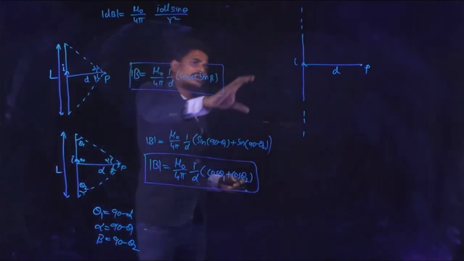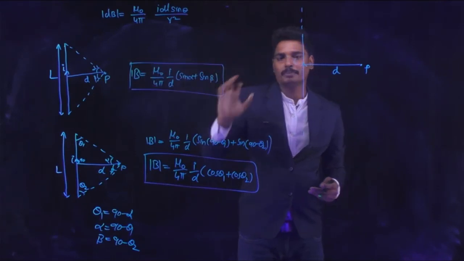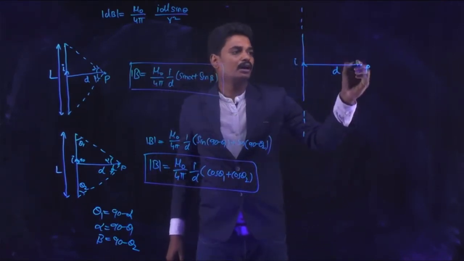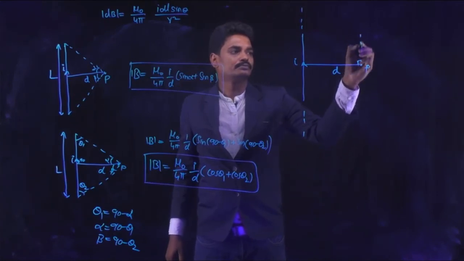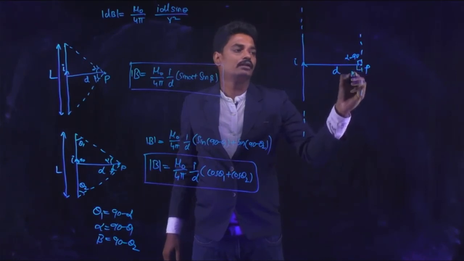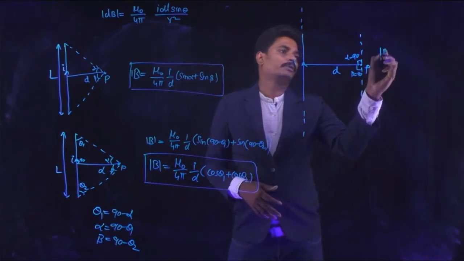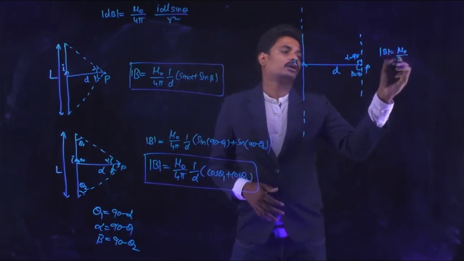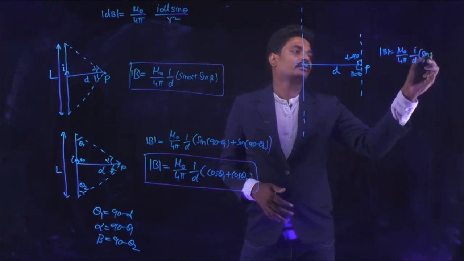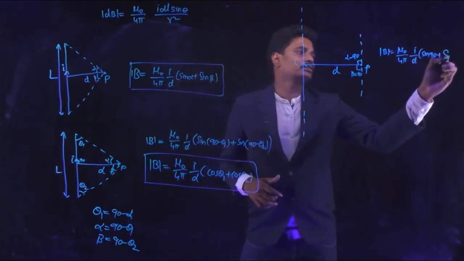For a straight conductor, we substitute into the formula using the angles alpha and beta. As it is infinitely long, the angles made here are 90 degrees, so alpha is 90 and beta is 90 degrees. Substituting, mod B is mu naught by 4 pi into I by D into sin 90 plus sin 90.